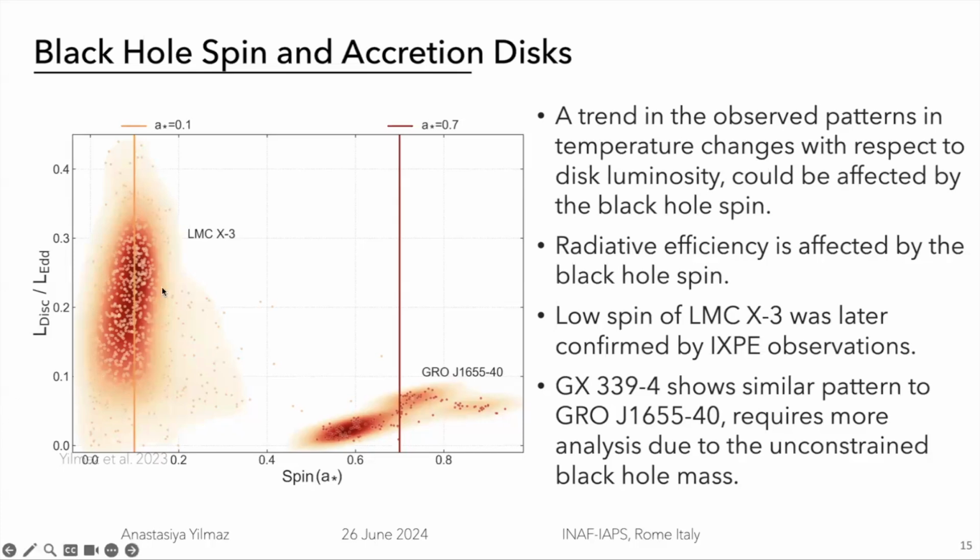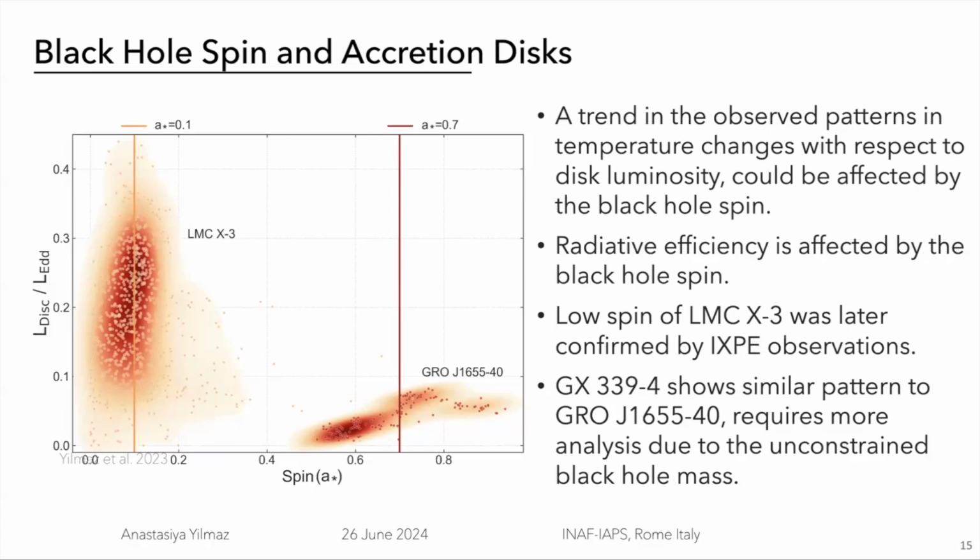For LMC X-3, there seems to be a very nice confined space, if you exclude some of the points, while the accretion disk luminosity seems to be affecting the measured black hole spin for GRO J1655-40. Yes, the choice of model depends a lot on the modeling of the accretion disk emission, but there seems to be a very distinct evolution between the two parameters when you look at the whole sample.